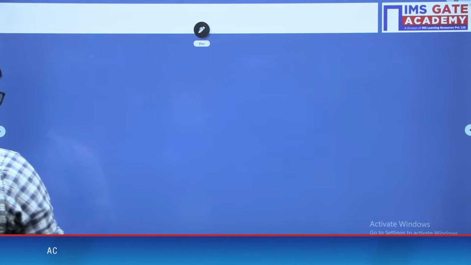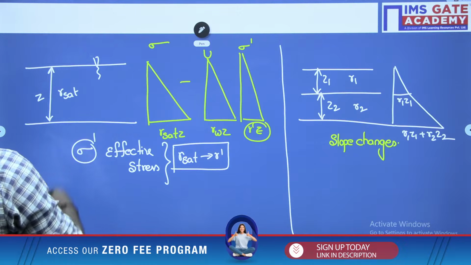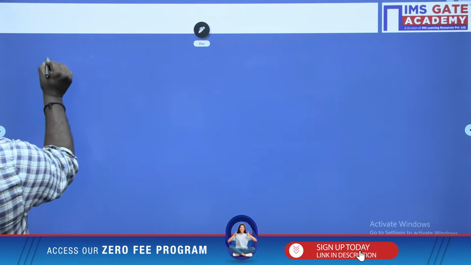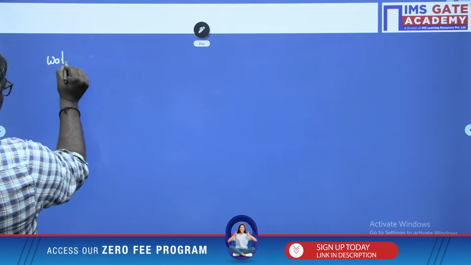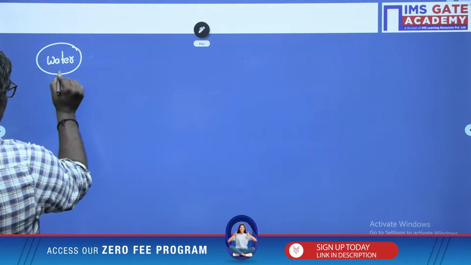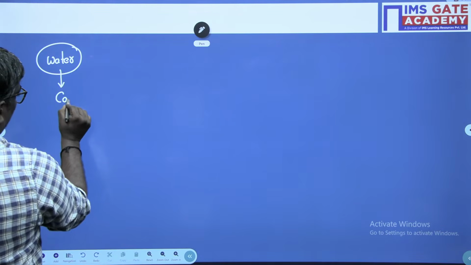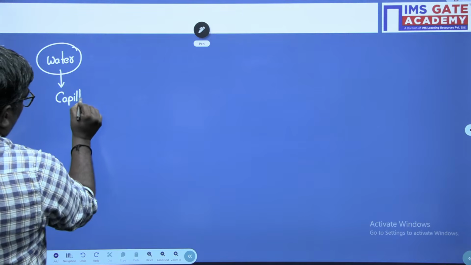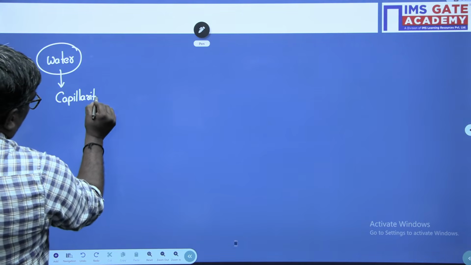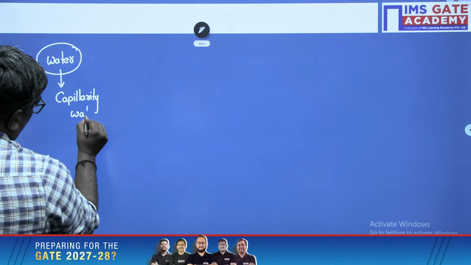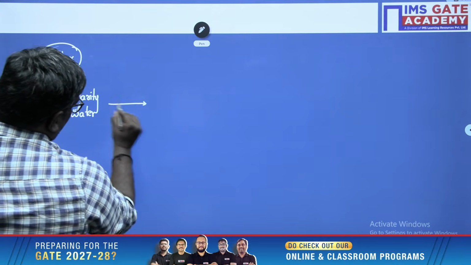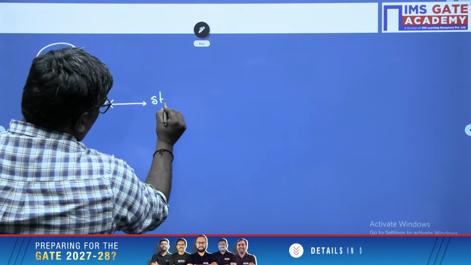When I talk about effective stress in water, there are different types of water. One is capillarity water. Another one we have is structural water.